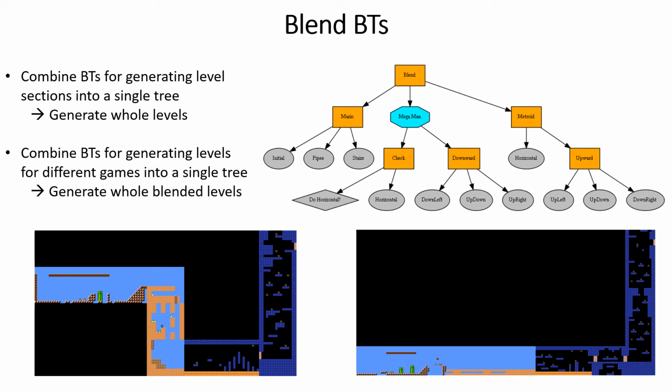So the example tree here consists of an initial sequence for generating a Mario section, followed by a selector which generates either a horizontal or a vertical downward Mega Man section, followed by a sequence for generating a horizontal and then a vertical upward section of Metroid.